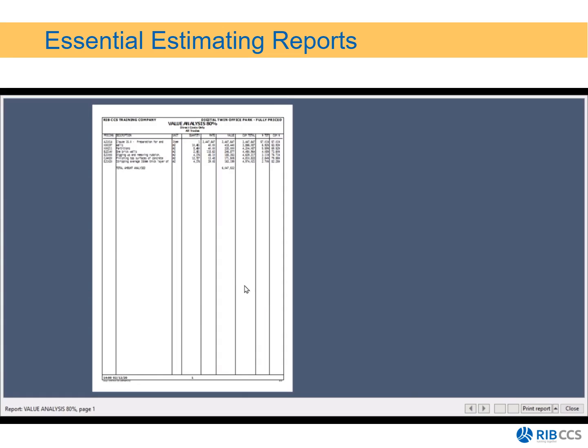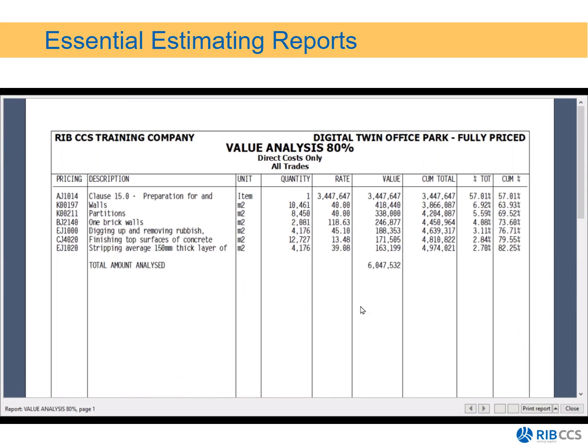We preview that report. This takes the 20% of the bill items that make up 80% of the value. We're not going to focus on low value items, the nuts and the bolts of the job. We're going to focus more on the high value items.